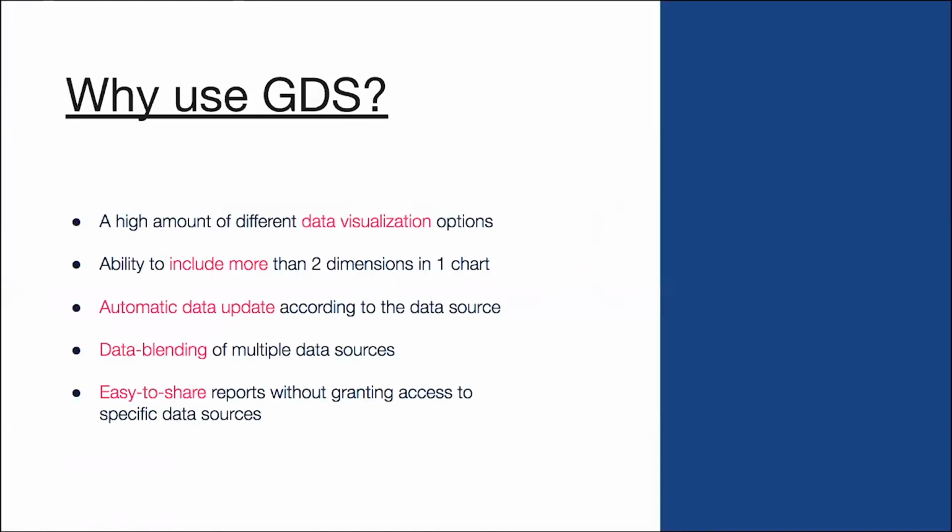So why use Google Data Studio? The first and biggest advantage is the high number of different data visualizations. The second is that you can include more than 2 dimensions in one chart. This highly correlates with Google Analytics, which we use every day.